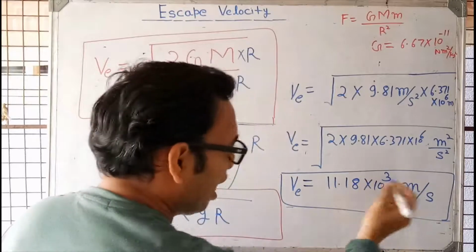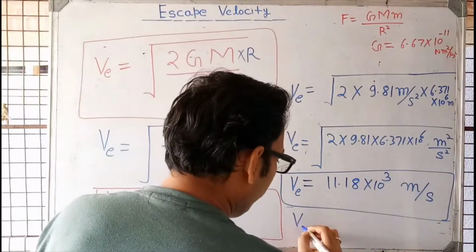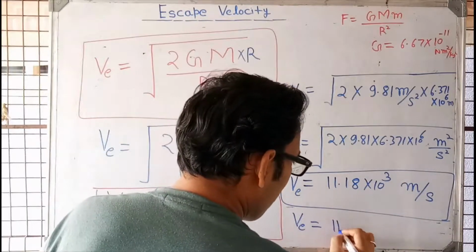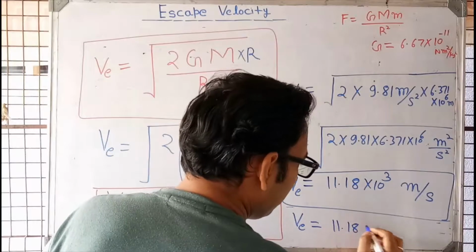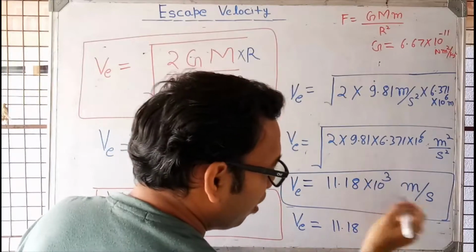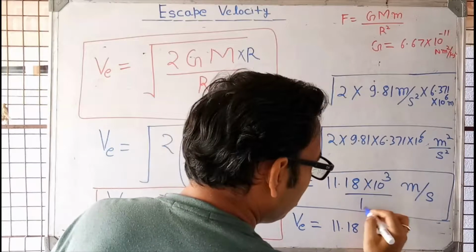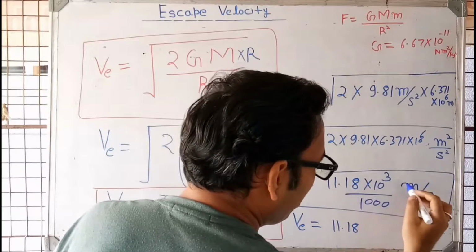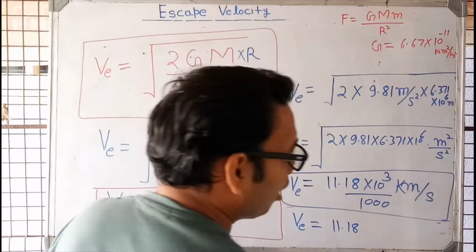We can write it in kilometer. So VE is equal to 11.18 into 10 to the power 3, and we have to divide by 1000. Then it becomes kilometer per second.